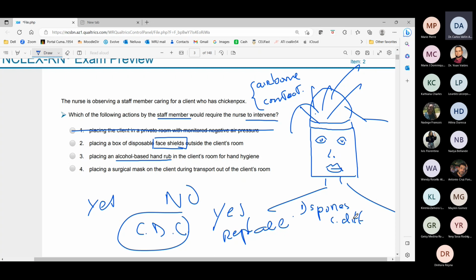So if the client is being treated for or has been diagnosed with Clostridium difficile, you can't use an alcohol-based hand rub or sanitizer instead of soap and water.